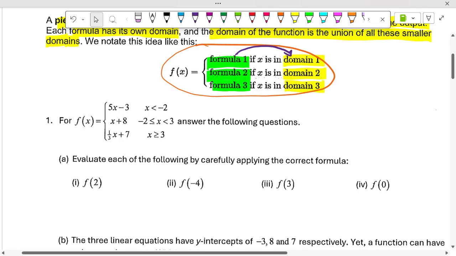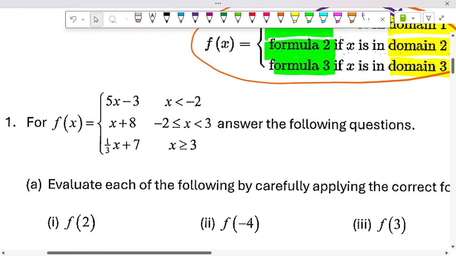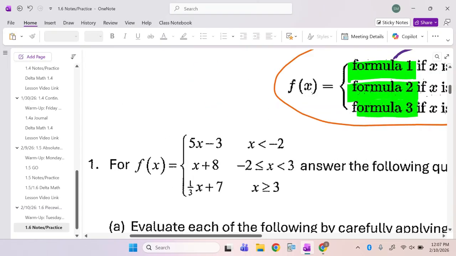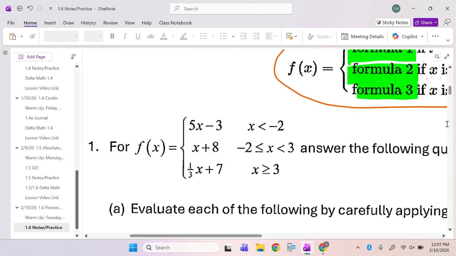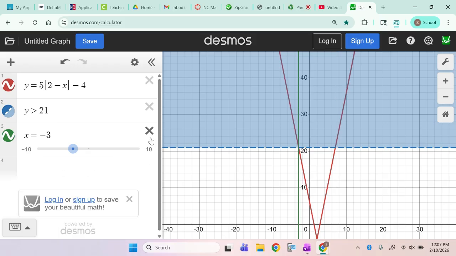So let's look at number 1. This is what a piecewise typically looks like, and it looks ugly. Just to give you an idea of what it's going to look like, let me show you what this looks like in Desmos. You don't need to do this, but just so you have a visual. If you ever want to see a piecewise in Desmos, here's how you do it.